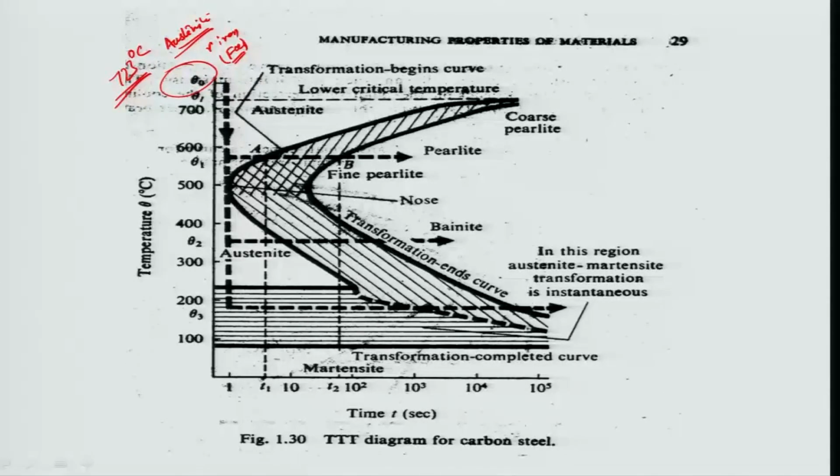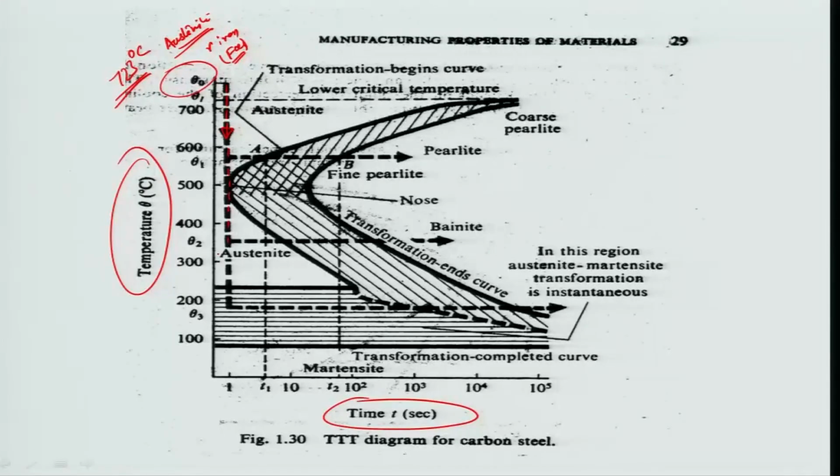So, we start at theta 0, 723 degrees, and let us say we try to cool the iron at a certain rate which is given by this slope right about here. Mind you, this is a logarithmic time scale and this is the temperature. So, when I am saying the slope of this particular line, it is actually the cooling rate that we are referring to.